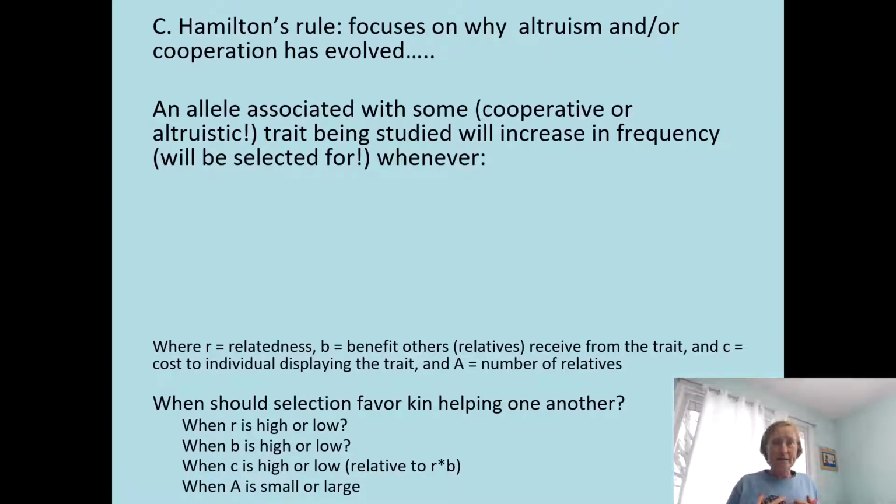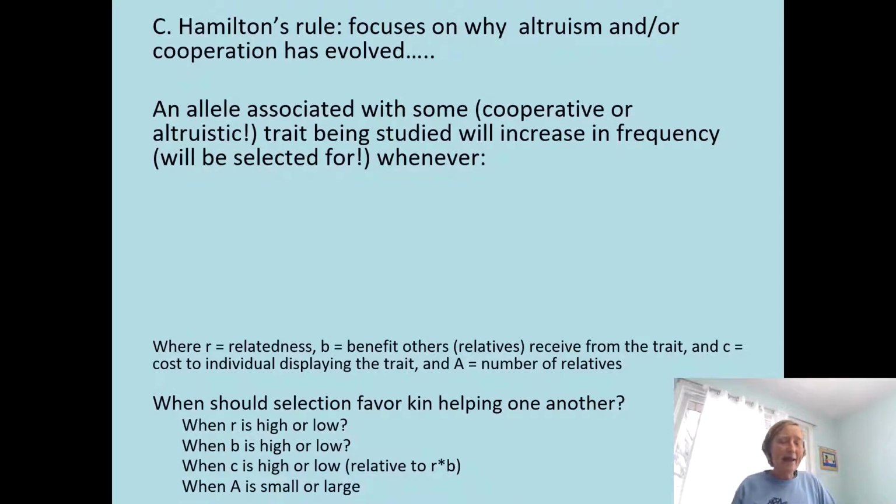That might be a self-sacrificing behavior. The predator will see the alarm caller and likely pinpoint it and maybe kill it. It might be self-sacrificing to make your alarm call, but it might benefit all of the relatives that you live with and protect them. And so it might be selected for. Cooperative behavior might be selected for because of this kin selection.